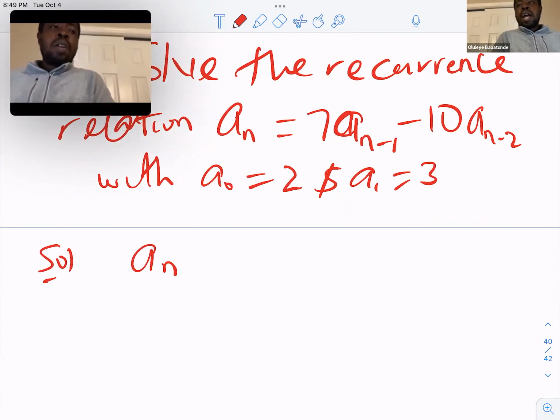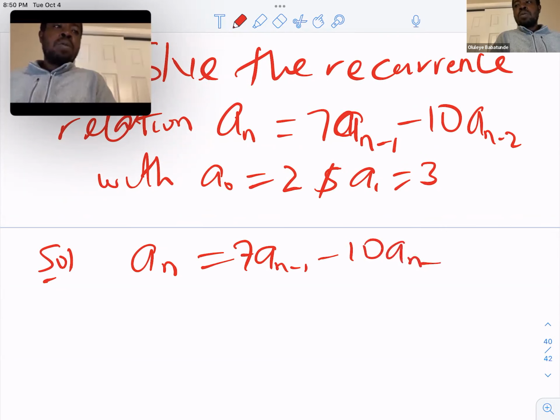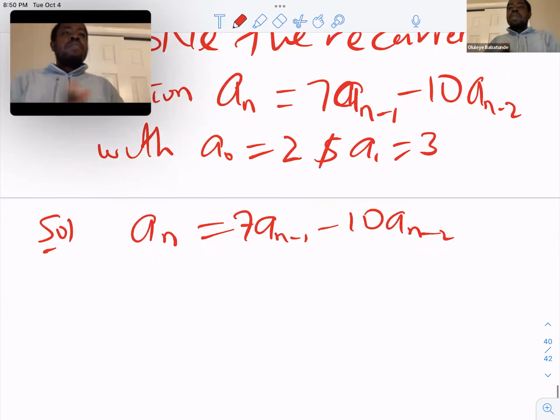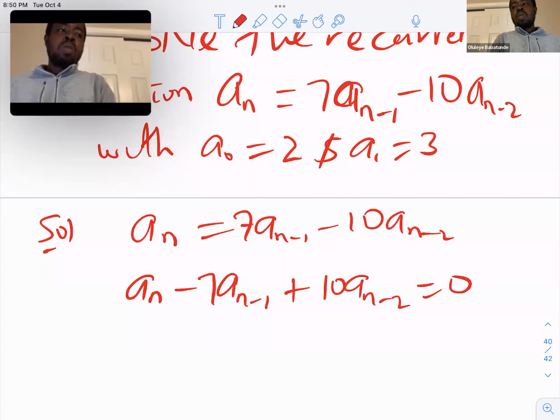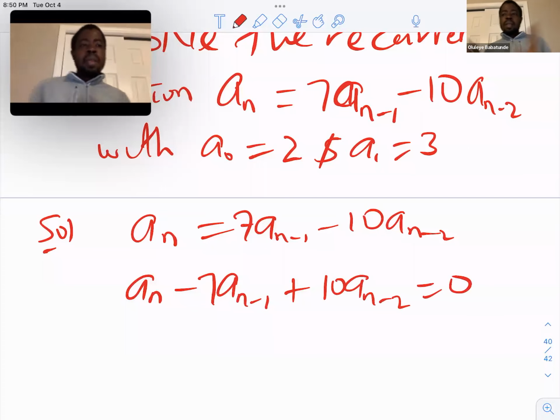Now to solve this, this is what you had originally: 7a_(n-1) minus 10a_(n-2). To solve this, bring all the right side to the left side. You have to rearrange them, and then you have 0 at the right side. So you're going to have a_n minus 7a_(n-1) plus 10a_(n-2) equals 0. You see that?